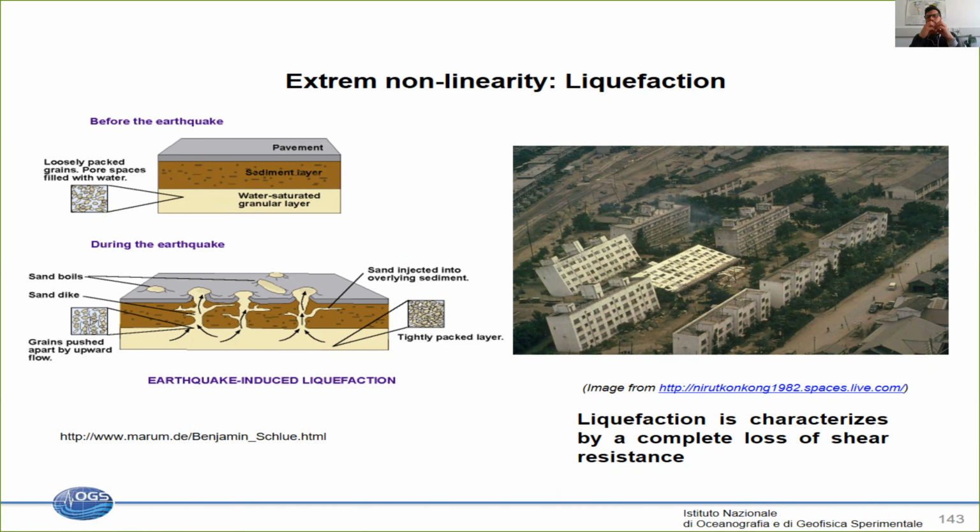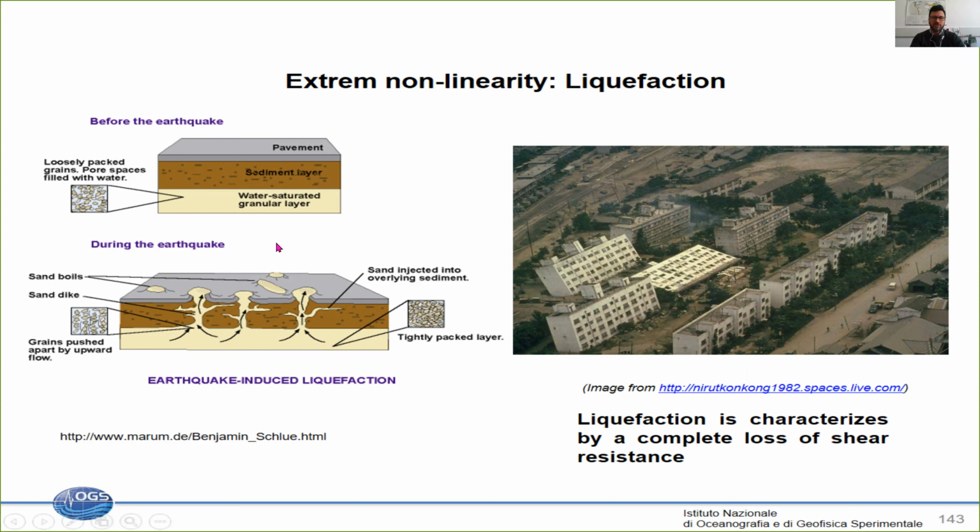Especially this is a problem when the sand is not really well graded, so there is a lot of space in the pores and a lot of fluid. What is happening is that when the shaking becomes large and lasts for a long time, you have pore pressure increase. If the pore pressure becomes larger than the effective stress, then the material really becomes like a sort of quicksand. So you see the grains are pushed apart.